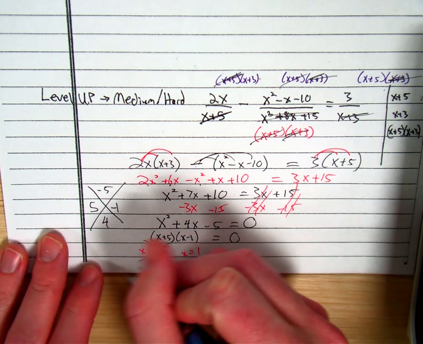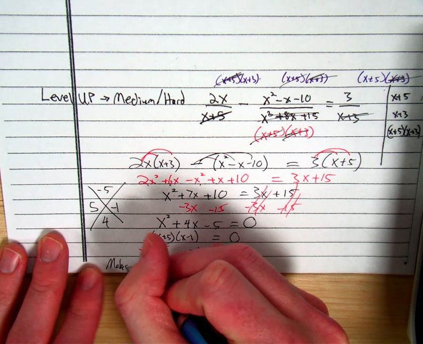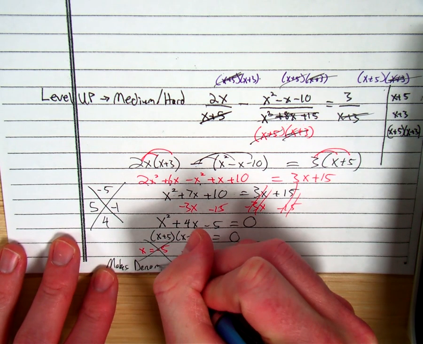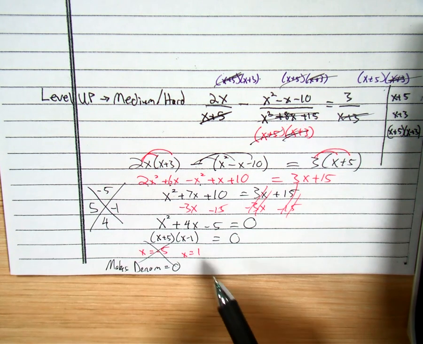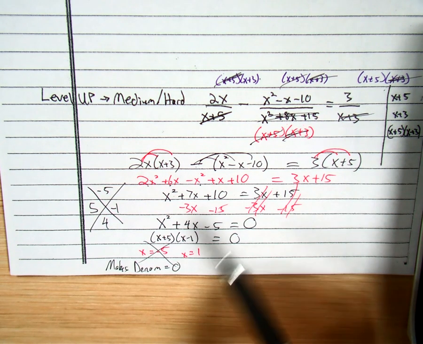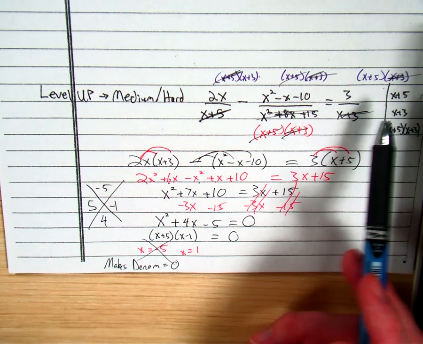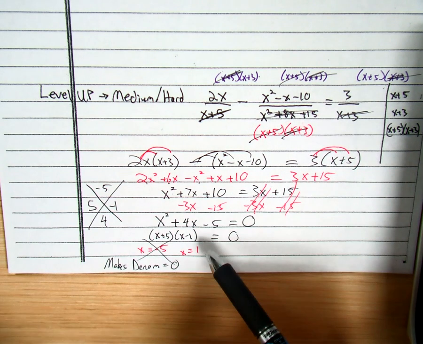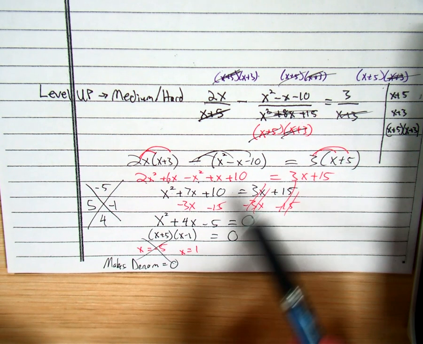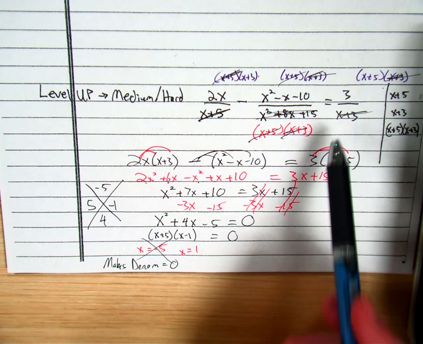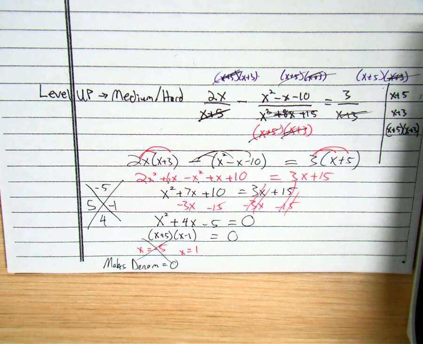And we're going to make a little note because it makes the denominator equal 0. x equals 1 should be fine. Okay, you could go through and double check to make sure everything's perfect. But the main error that we're going to be looking for is, does it make the denominator equal 0? That's the main thing we got to look out for.